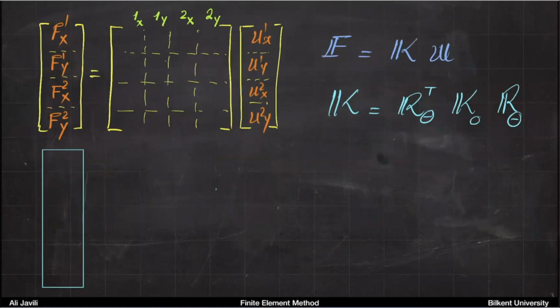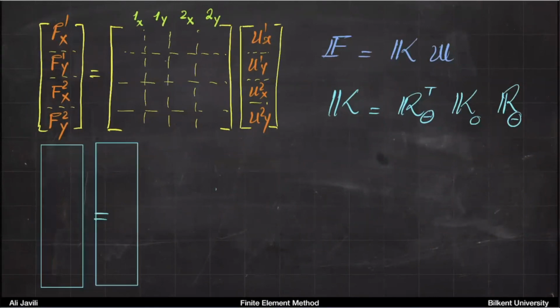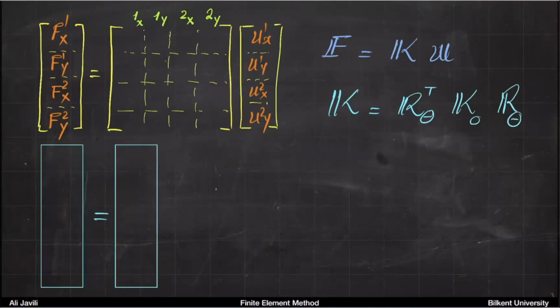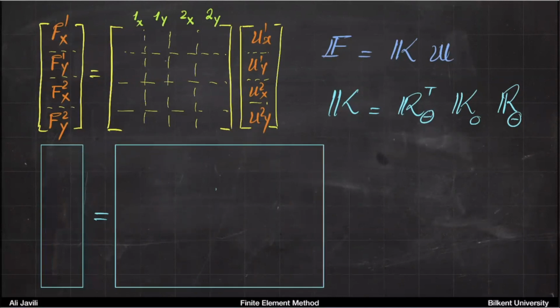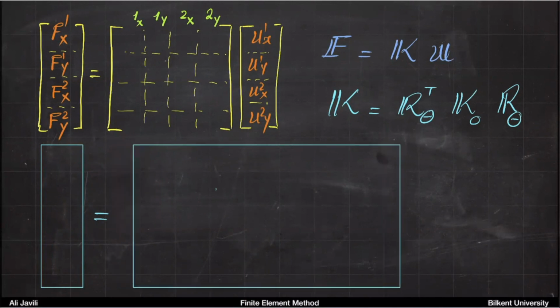Okay, so let's say if this is our force vector, then it would be equal. This would be the stiffness, and it's going to be a bit long. Maybe I take K out and then, good.